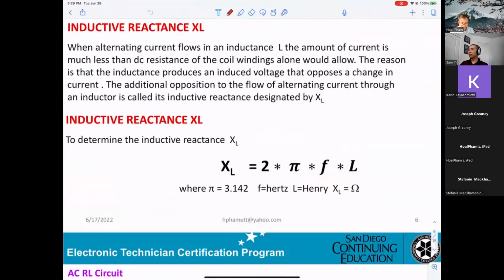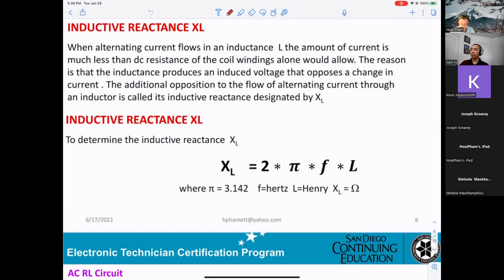Okay, yesterday we were already talking about the inductor. For DC, the inductor is just like a wire, nothing else. However, for the AC circuit, the inductor has resistance, and that's what they call inductive reactance, XL.